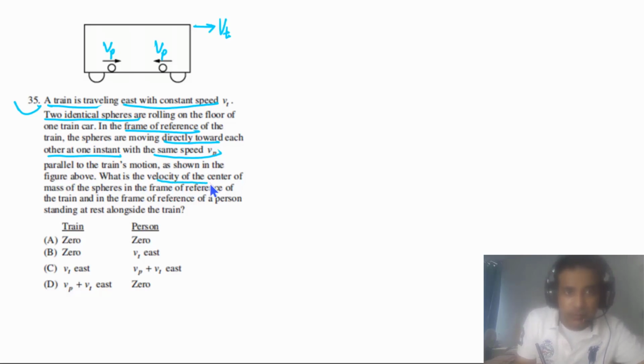What is the velocity of the center of mass of the spheres in the frame of reference of the train and in the frame of reference of a person standing at rest alongside the train?